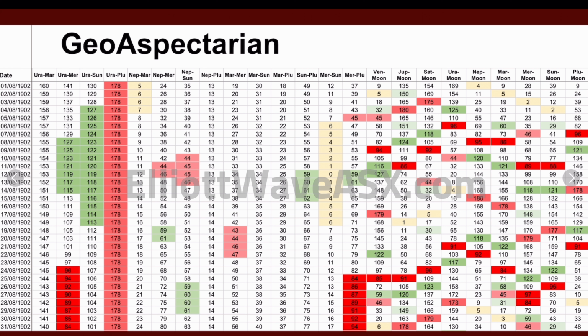You can use these files in a few ways. Either look through the Aspectarian files to see important planet combinations, then look to your chart to see if any important highs or lows occurred, or find the important highs and lows, or indeed large price moves on your charts, because it's not always the high or low where the aspects occur, and then look back to the Aspectarian to see if any important aspects happened around that time.